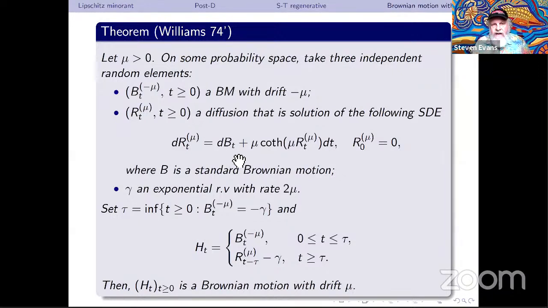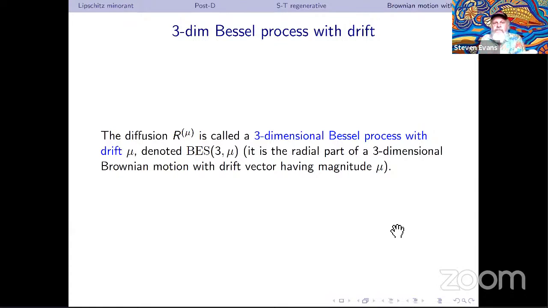And then after that, you follow this process here that's been shifted down to level minus gamma. Just a little comment that this process R mu is usually called the three-dimensional Bessel process with drift, because it's nothing other than the radial part of a three-dimensional Brownian motion with drift vector that's got magnitude mu.